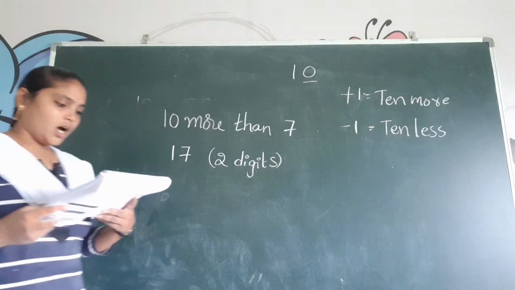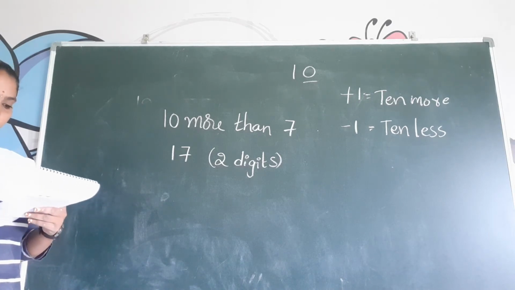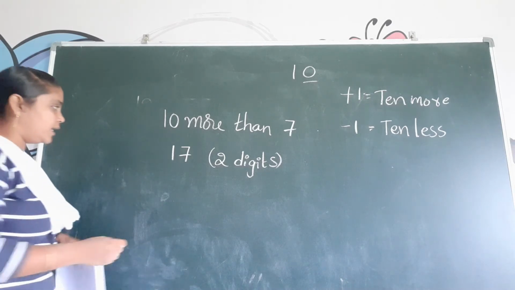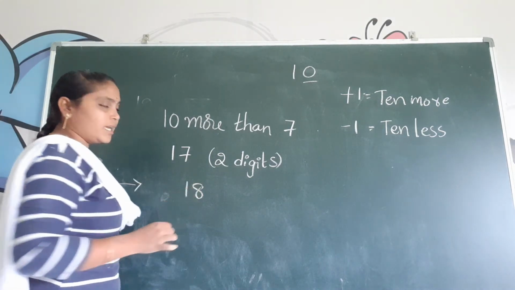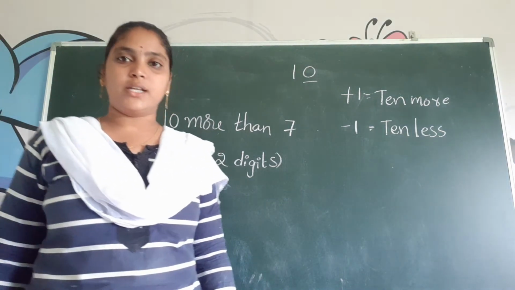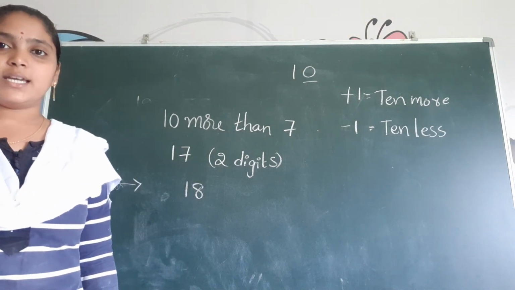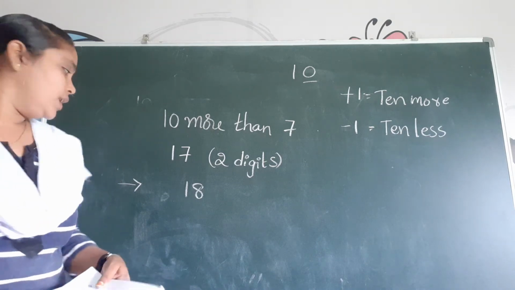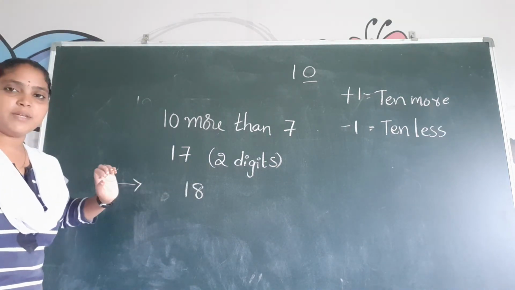Second one, how many digits will be there in 10 less than 18? You have to find what is the 10 less number of 18, children. 10 less means just remove 1 from the tens place.